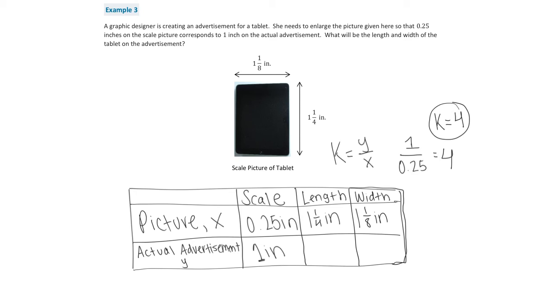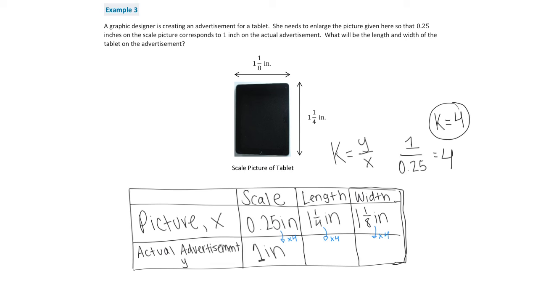Now, ideally, if we want to look at this visually, we know that 0.25 inches times 4 equals 1 inch. We're also going to do these to our other values, times 4 and times 4. Now let's calculate our values. So our first value is 1 1/4.